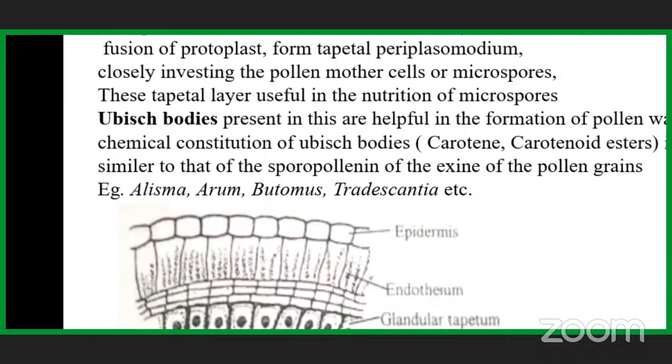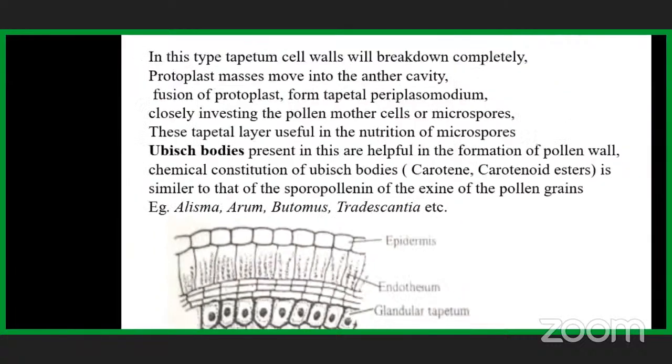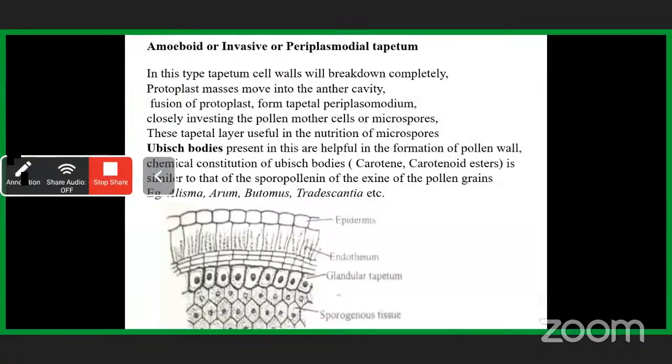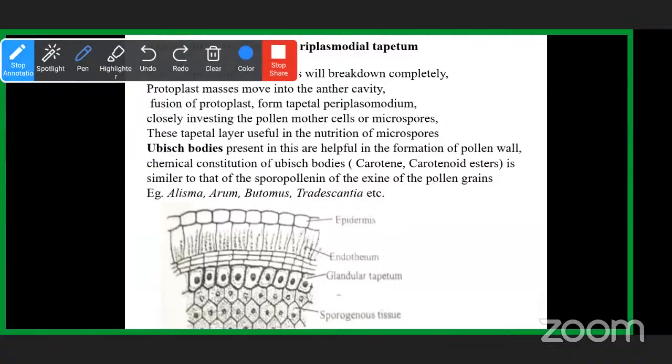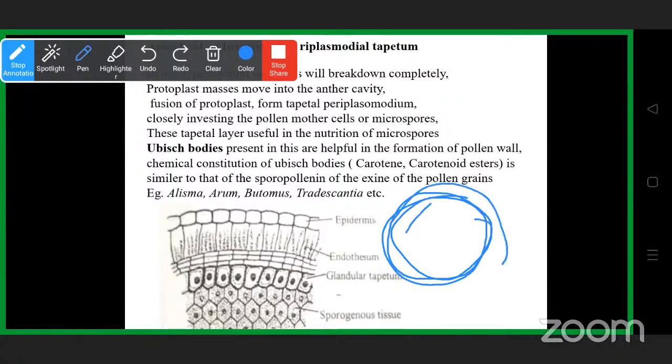What's the reason behind it? Do you have an idea? Because it has sporopollenin at the outermost layer of the pollen. If you take the pollen, there are two layers, outer exine and intine. The exine is made up of sporopollenin.